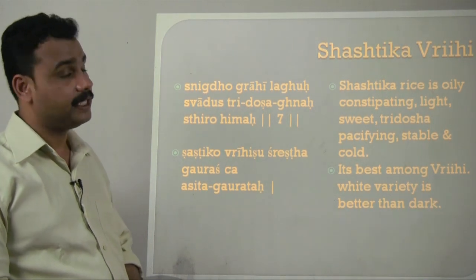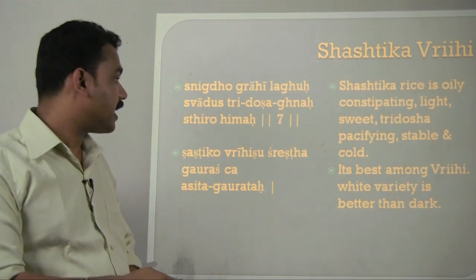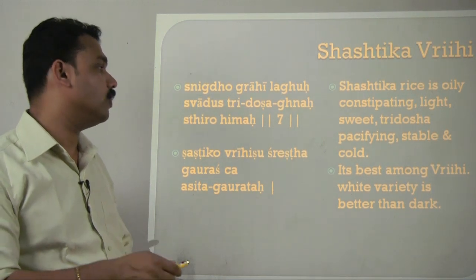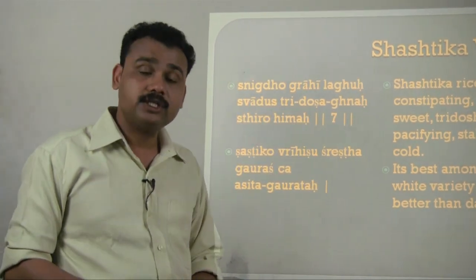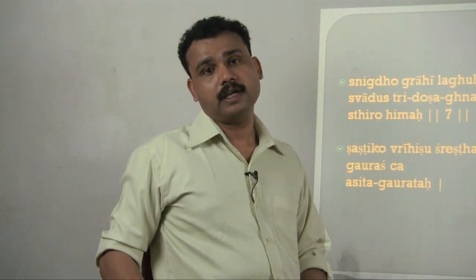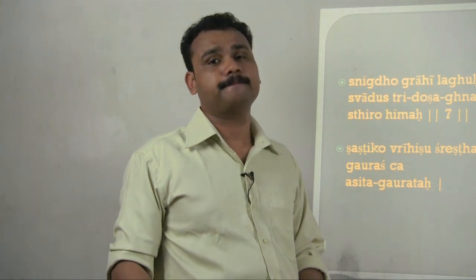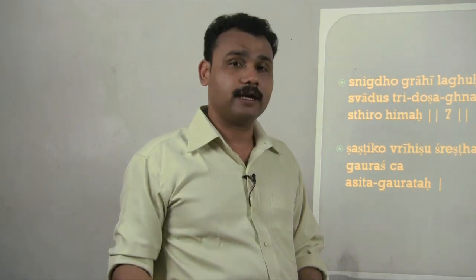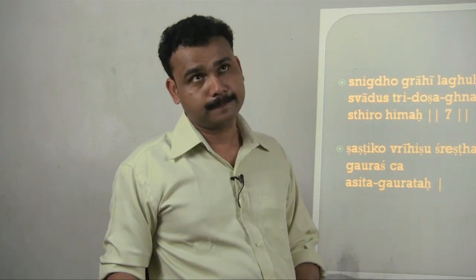So Shashtika rice is the best among vrihis. And then he further says gaurascha asita gaurata. The white variety of Shashtika rice is better than the asita, the dark variety of it. That means Shashtika itself is a big group. There are different grains which are Shashtika vrihis, and among them the vrihi which is white in color is superior in quality compared to the dark.